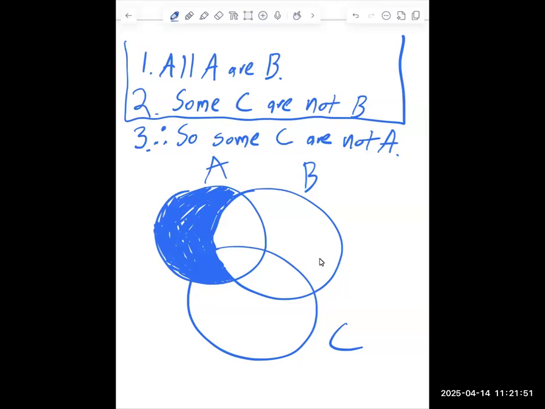All right, check. Now, because some statements are more complicated, we will look at our diagram.